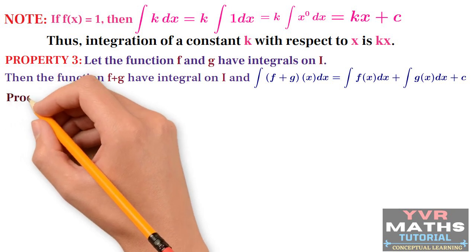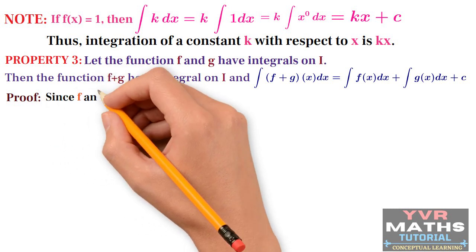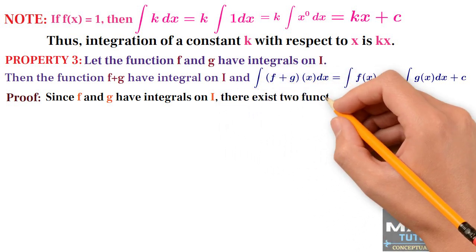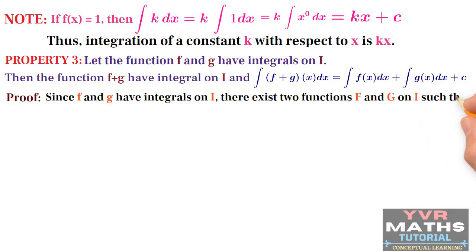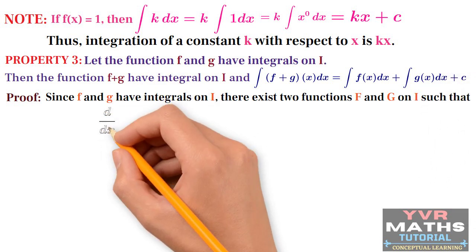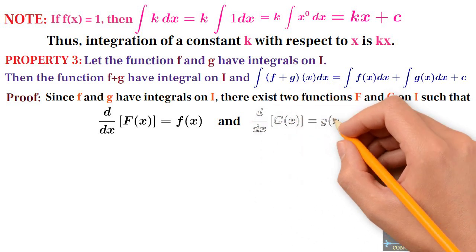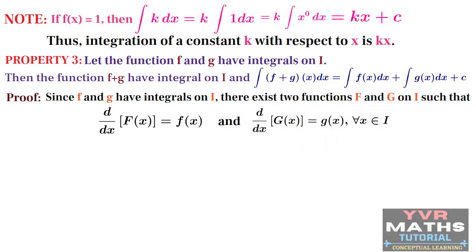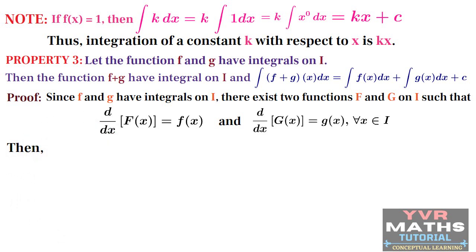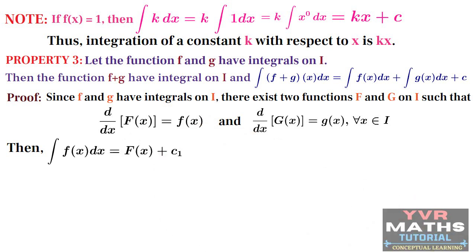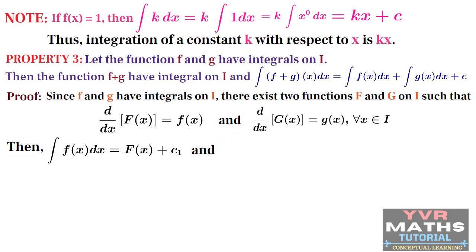Now let us discuss the proof of this property. From the statement, two functions f and g have integrals on the interval I. Then there exist two functions capital F and capital G on the same interval such that d by dx of capital F is equal to small f and d by dx of capital G is equal to small g for all x belongs to I. According to the definition of integral or antiderivative, this can be written as integral small f of x with respect to x is equal to capital F of x plus c1, and the second one can be written as integral small g of x with respect to x is equal to capital G of x plus c2.